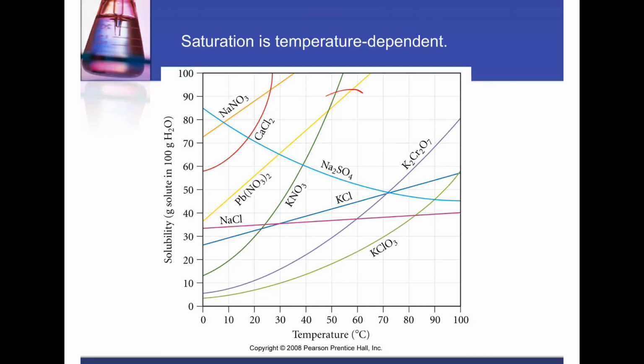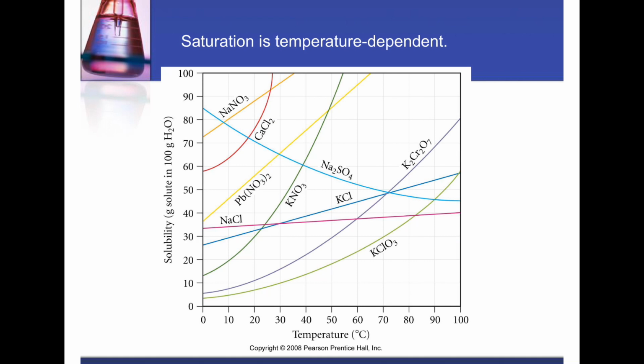So here we have a graph of solubility. What this is describing is how many grams you can dissolve in 100 grams of water. So it's increasing as we go up here, and then this is temperature on this end. And what we see is that almost all compounds increase the solubility as temperature increases. And things like calcium chloride are greatly affected.